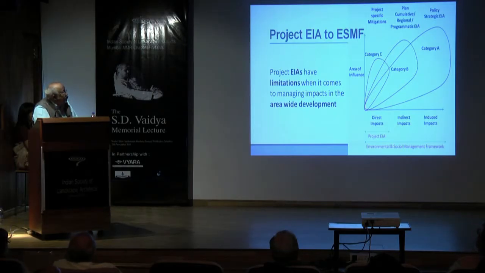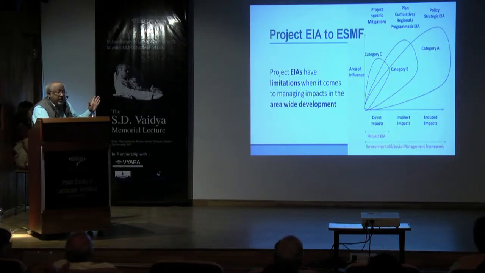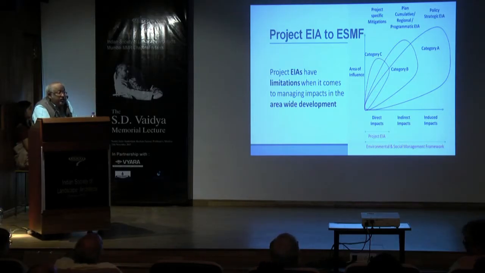I must look at cumulative and regional EIA. I can also look at a programmatic approach in managing those ENS issues. And in the case of category A, I've got to look at not just the plan, but policies, and bring in the instruments of strategic EIA.